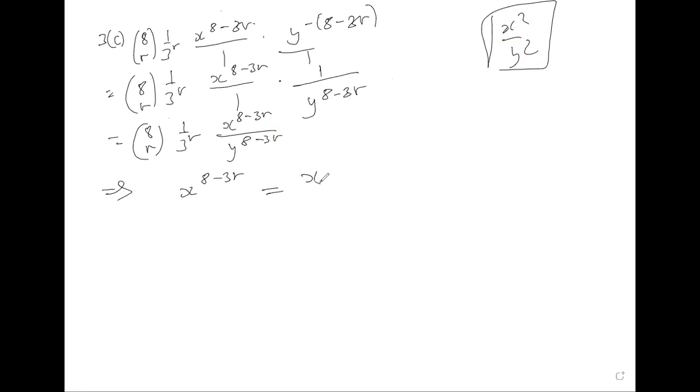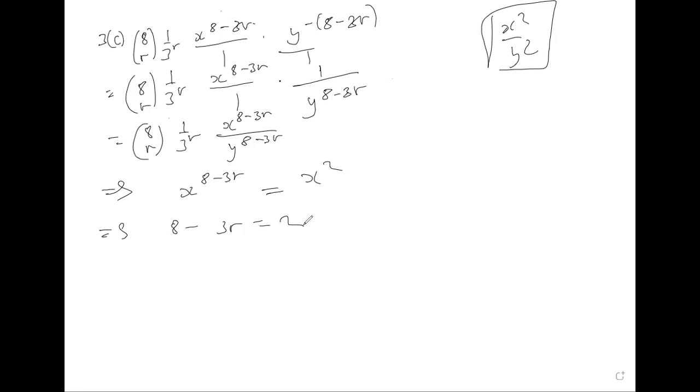The other side, we have x squared. Here the power of x is 2. So when the bases are the same, we are just comparing the two. Since we're interested in the term with the variable x squared over y squared, we are comparing the powers. So meaning we have 8 minus 3r equals 2.